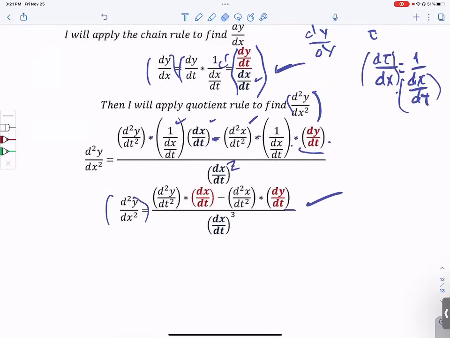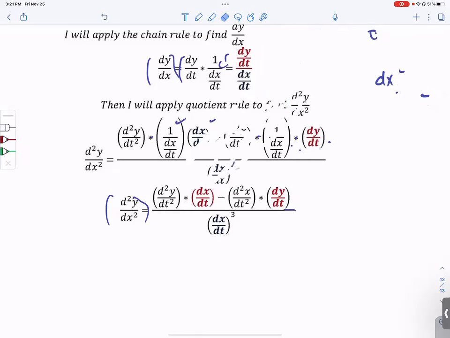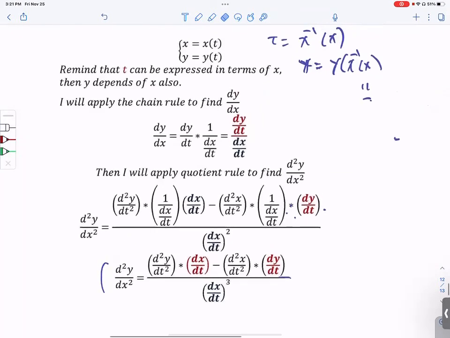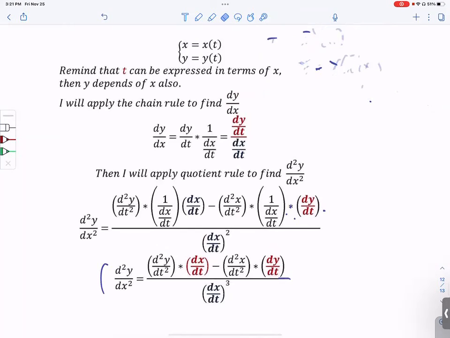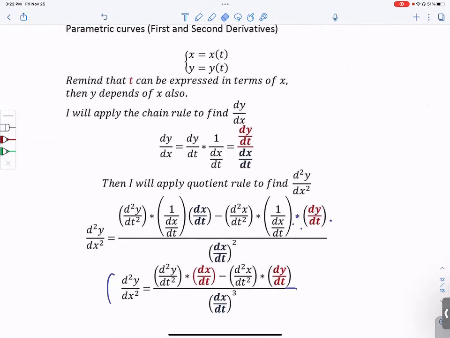And let me delete everything so you can have a clear picture of how it looks. You only have to see if that makes sense, and you have the clear picture here.